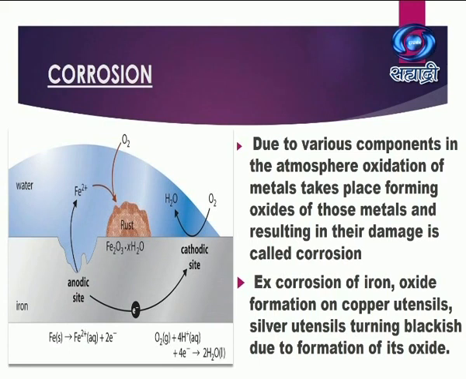Further, the Fe2+ ions from the anode migrate and react with OH- ions, and Fe3+ ions are formed. This Fe3+ ion forms hydrated ferric oxide, which we generally call rust or corrosion. So this is an example of corrosion.